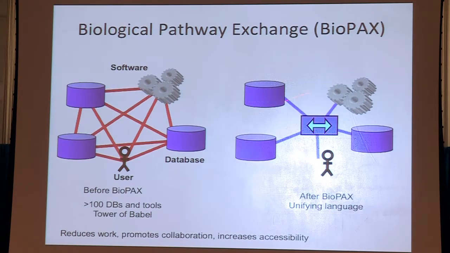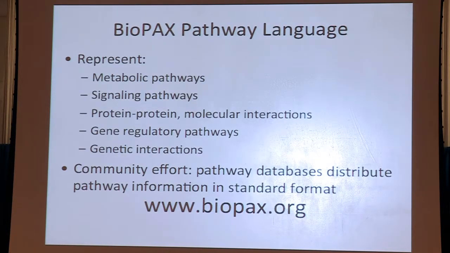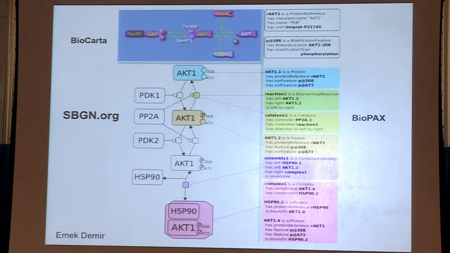If they could all represent their data in one format, it would be much easier to collect data from multiple sources. And so that's the idea of BioPAX. BioPAX can represent all the typical biochemical pathway level detail that you might expect, right down to phosphorylation sites and states of proteins and complexes.